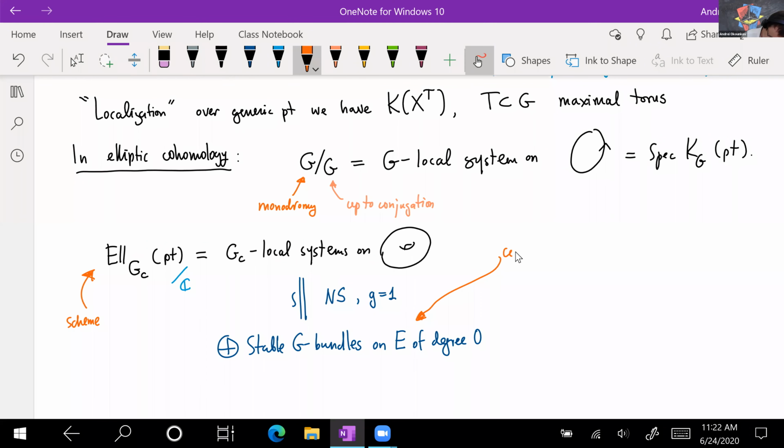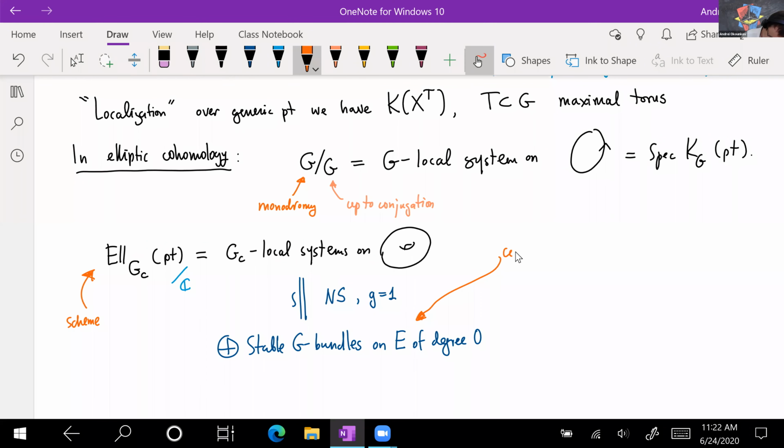A complex elliptic curve is isomorphic to its dual abelian variety, but it's a bit like saying every lattice is isomorphic to its dual lattice. It's both true and false.